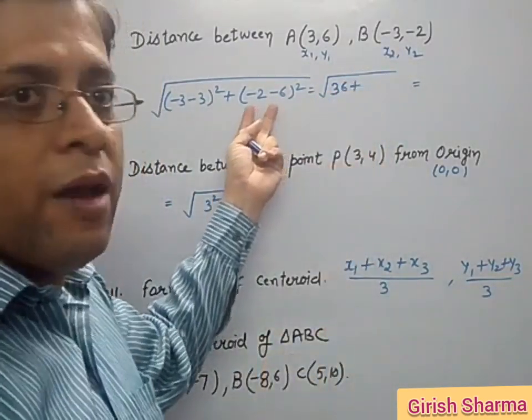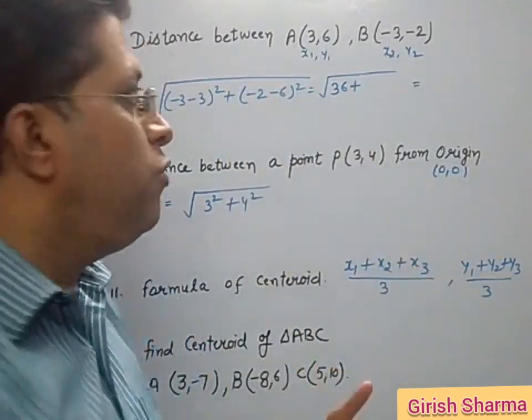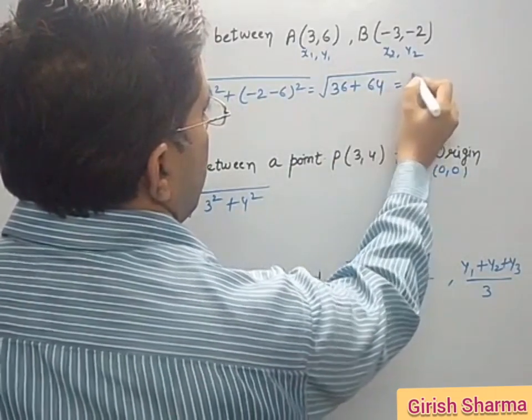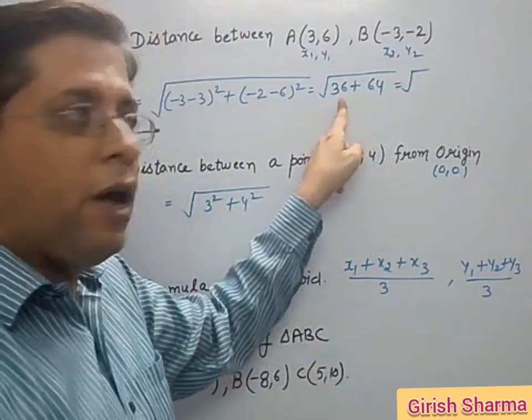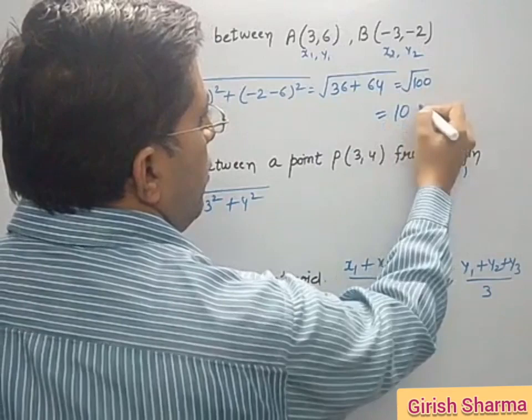Minus 6 and minus 2, this will be minus 8. Minus 8 square, this will be 64. If you add 64 plus 36, this will be 100. And square root of 100 is 10 units.